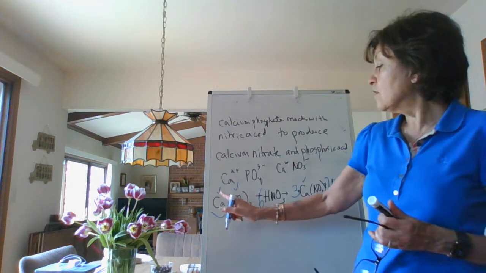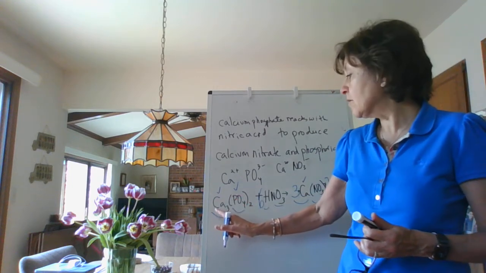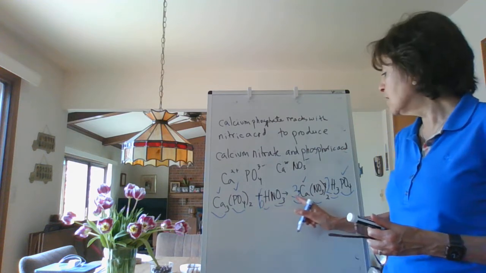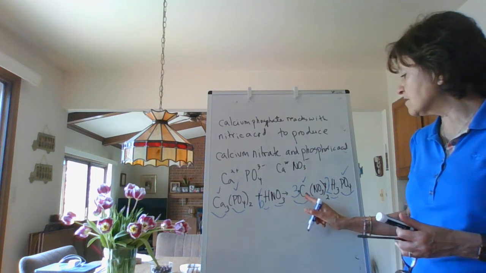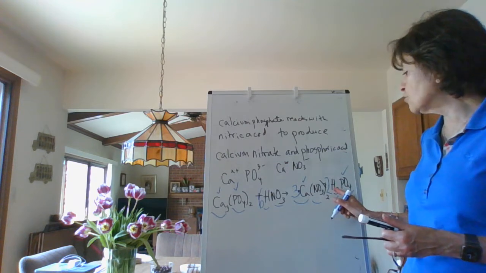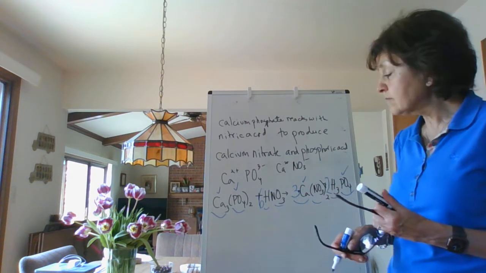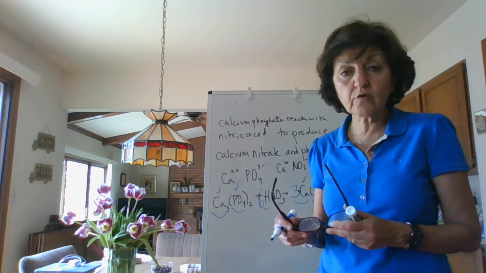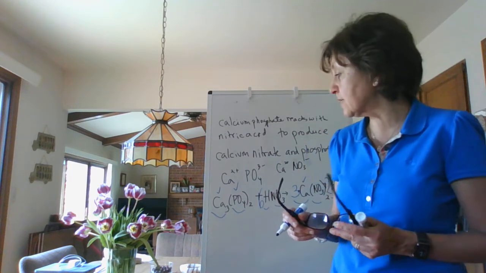What does this actually mean? It means that for every 1 calcium phosphate, it will react with 6 nitric acids to produce 3 calcium nitrates and 2 phosphoric acids. You can think of it as molecular quantities or molar quantities. We're going to get into moles in the next chapter.